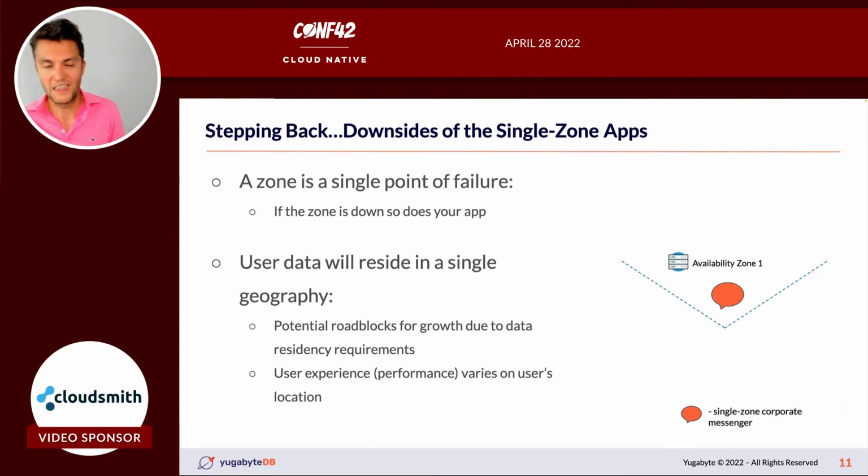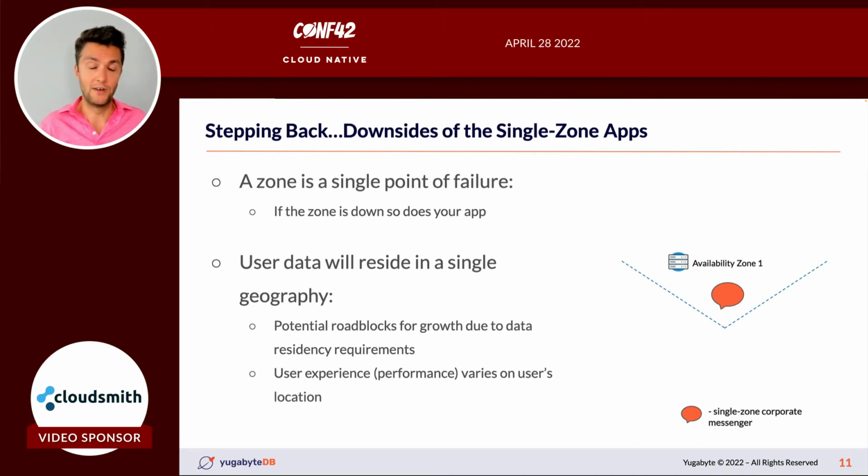And review what the downsides of standard applications are, the applications that are usually deployed and run in a single availability zone of your cloud environment. On this picture, we have the same corporate messenger, but it's deployed in one of the regions and in one of the availability zones.